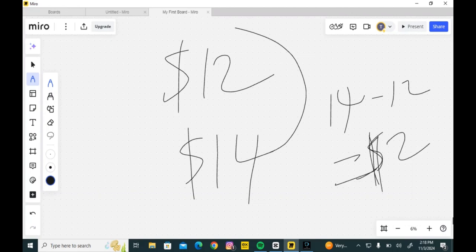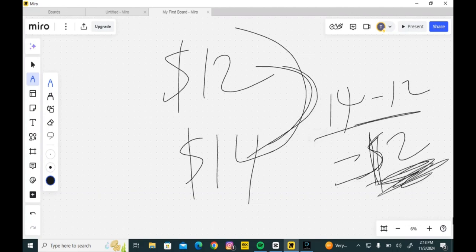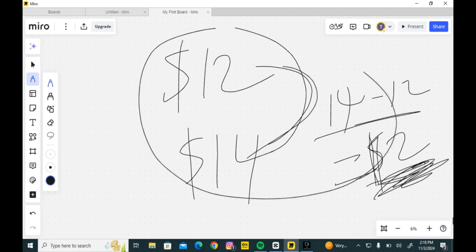This $2 is called the spread. Same with the forex market. That's spread. I hope you understand my explanation, because that's the simplest way I can explain it for you guys to understand. So that's spread. All right.